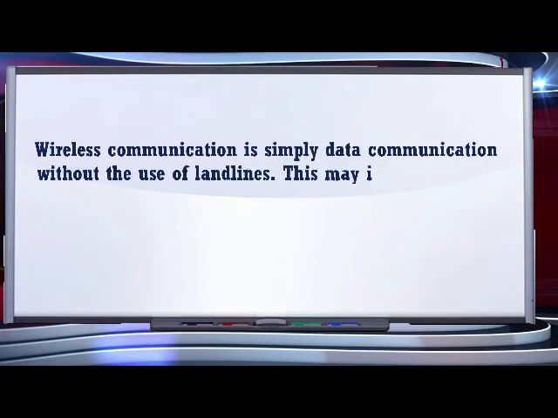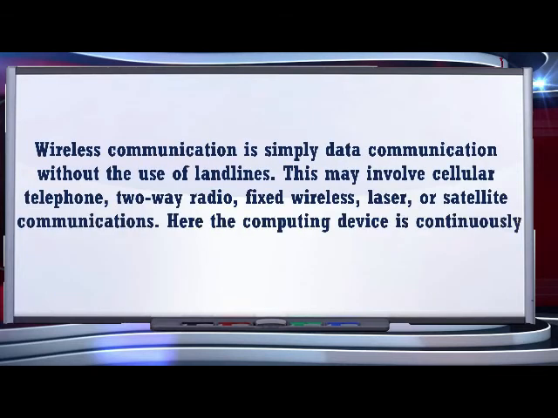Wireless communication is simply data communication without the use of landlines. This may involve cellular telephones, two-way radio, fixed wireless, laser, or satellite communications. Here, the computing device is continuously connected to the base network.